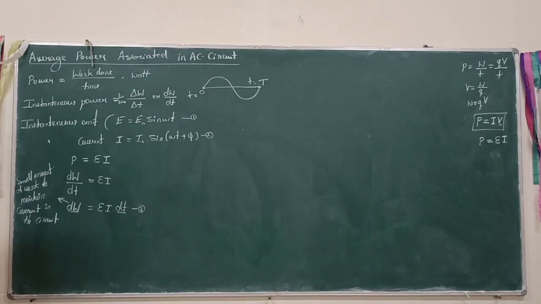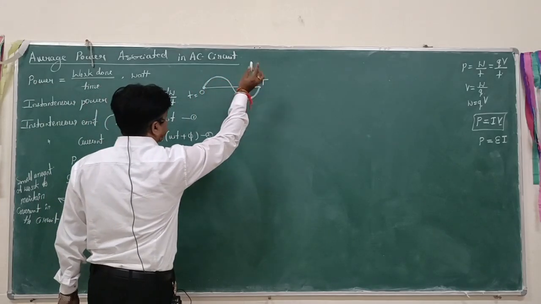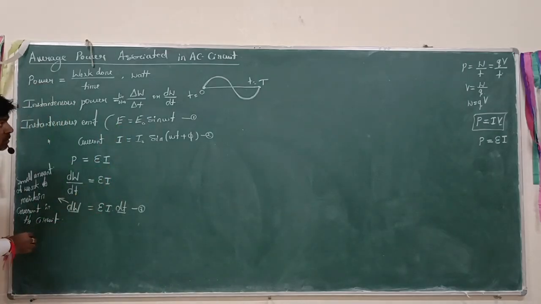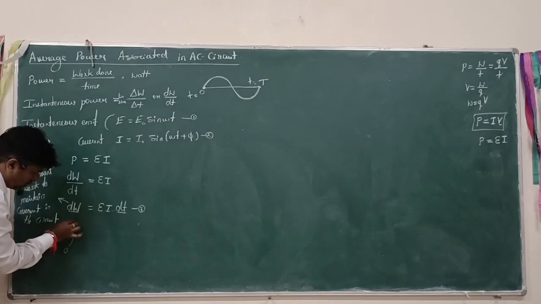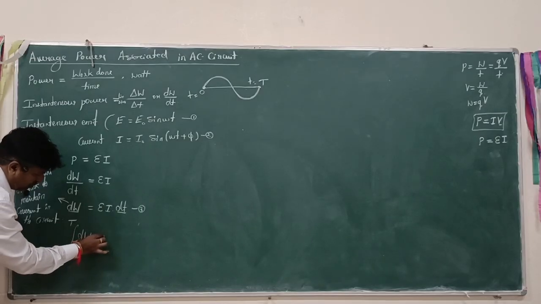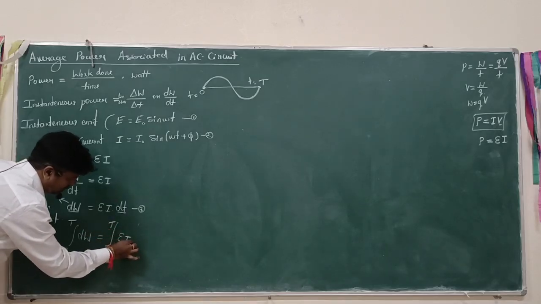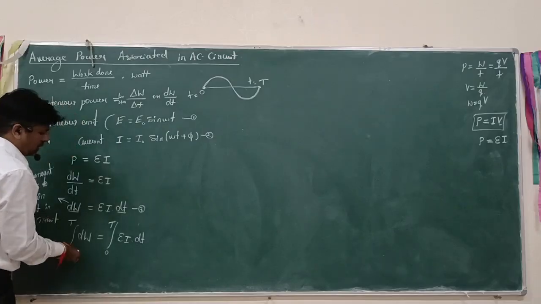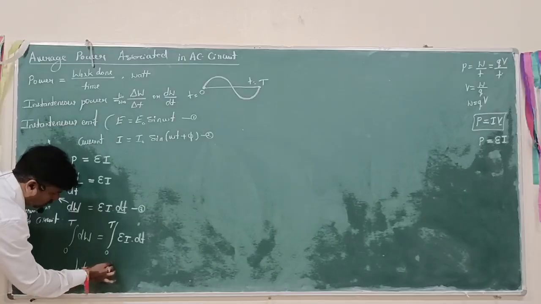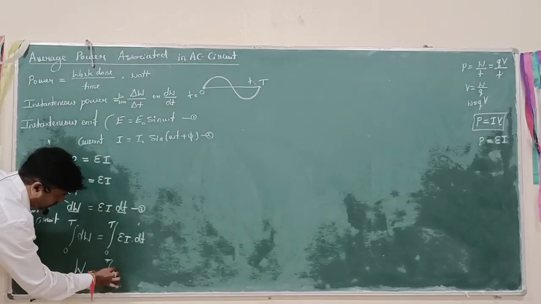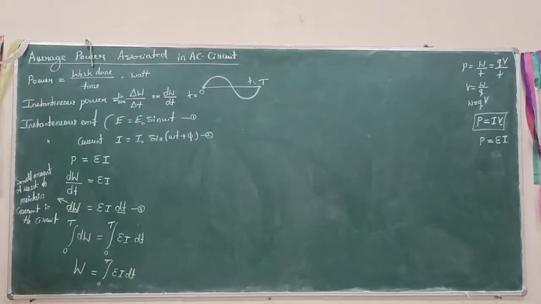So the work done in a complete cycle from 0 to capital T. Therefore, integrating equation 3 from 0 to capital T, the integration of dW is W, which is equal to integration from 0 to T of EI dt.